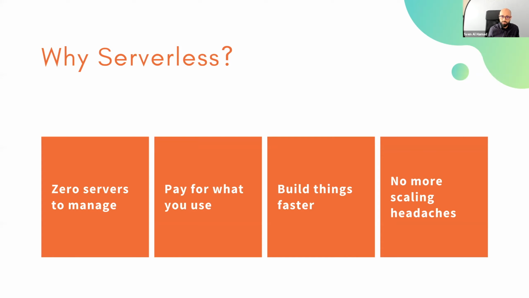But with serverless and services that are usually part of the serverless portfolio, you pay per request. If you're not consuming that service at that point in time, you don't pay for it. But if there's a spike, you're going to pay for that spike. Essentially, you have 100% utilization of the resource based on how much you're paying. In a way, you stop paying for stuff you don't use.